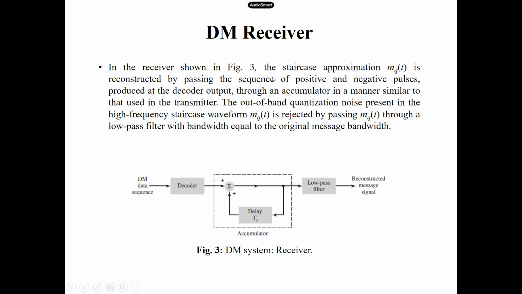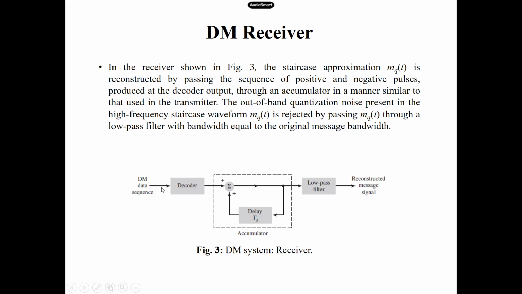Now at the receiver, the staircase approximation is reconstructed by passing the sequence of positive and negative pulses produced at the decoder output through an accumulator, in a manner similar to that used in the transmitter. The out-of-band quantization noise present in the high-frequency staircase waveform mq(t) is rejected by passing mq(t) through a low-pass filter with bandwidth equal to the original message bandwidth.